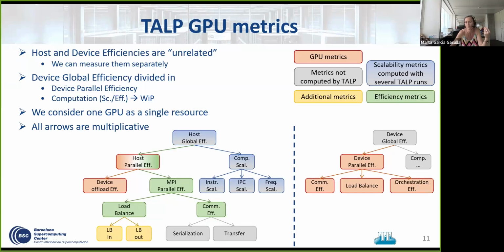We don't take into account the streams or anything else that is inside the GPU. This will be accounted in the computation scalability or efficiency. And in the same way as the original POP MPI parallel efficiency metrics, all the arrows, all the relationships are multiplicative. So the product of the children is the parent for the two trees.